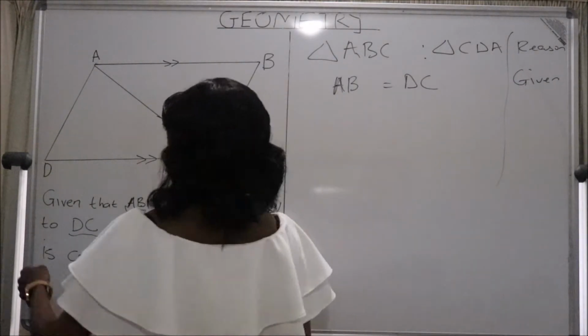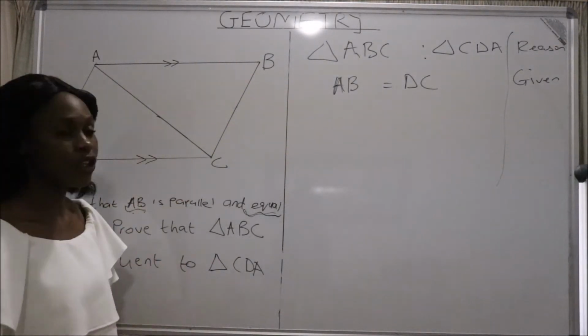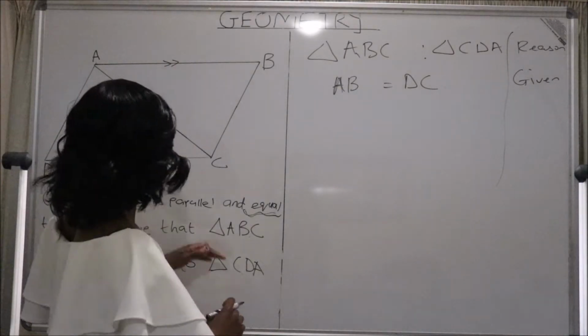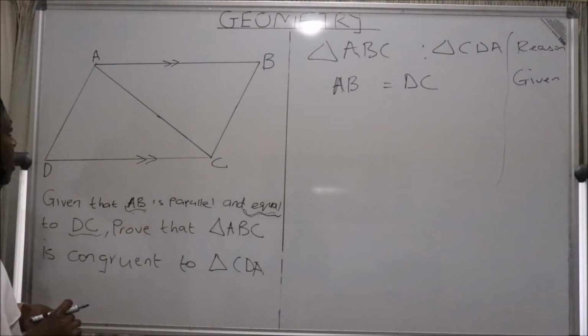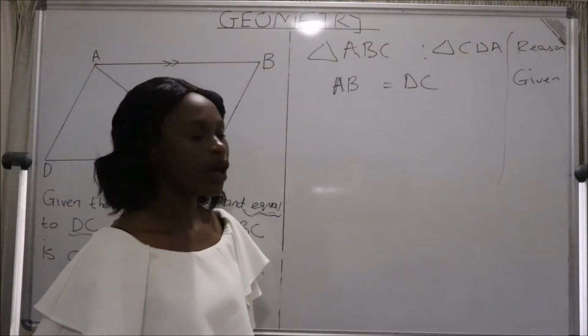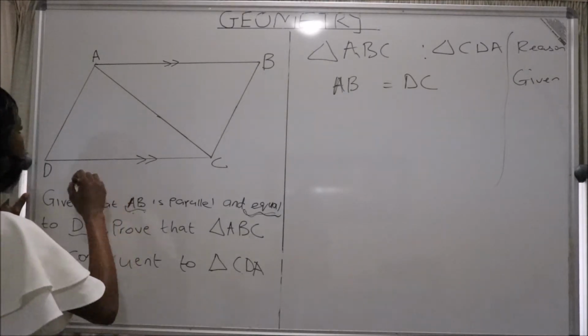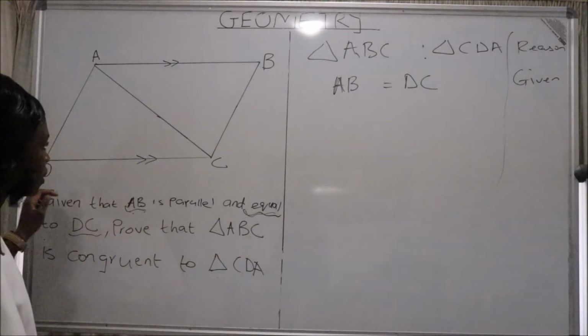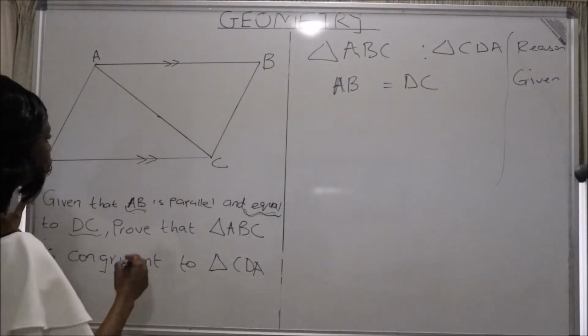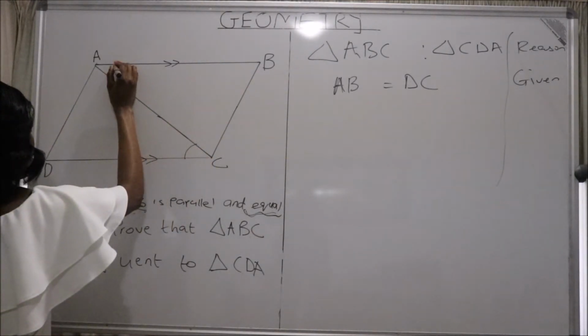Remember, when we were introducing geometry, we dealt with alternate angles, corresponding angles, co-interior angles, and also adjacent angles. In this case, we have alternate angles. The alternate angles that we have are this C here and that A here.